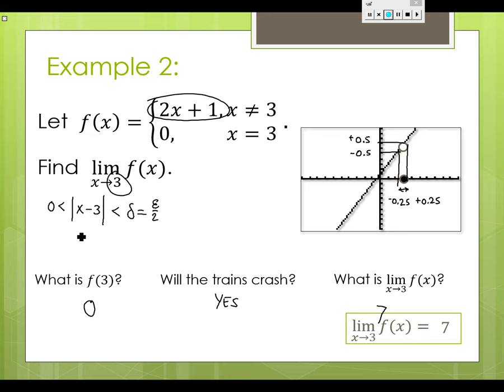Okay, so what does that mean then? What's the consequence of this statement right here? If we demand that 0 is less than |x minus 3| is less than epsilon over 2, well then, as a consequence, you'll see the same algebra just backwards now. You get this. Right?